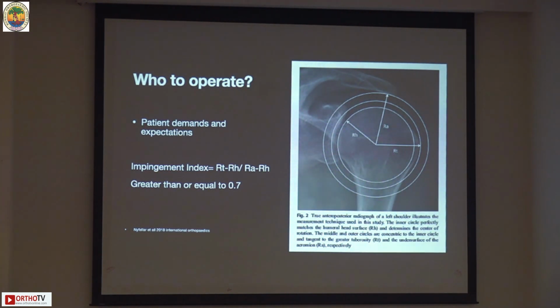That's the way that we are taught. So they're using the same concept, and if the impingement index is greater than or equal to 0.7, then the patient will benefit from surgery. I know it's too much information, but it's something to go back home and think about, that this is something that helps us understand which patient will do better with the surgery or without the surgery.